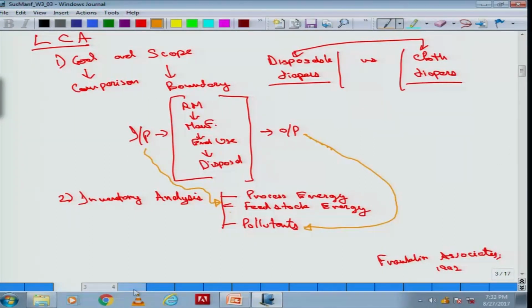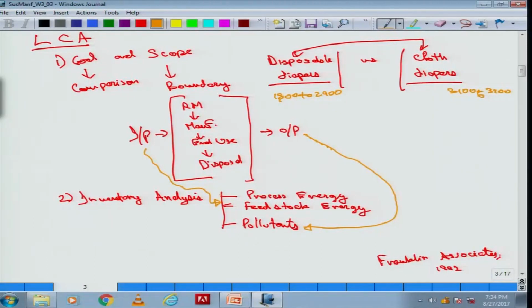Right. So, regarding some information about diapers, Franklin Associates said that diapers are generally used 5 times a day, and a child can in a year use anywhere between 3100 to 3700 cloth diapers, 3100 to 3700 pieces. And the same number in case of disposable diapers comes to be 1800 to 2900, right.